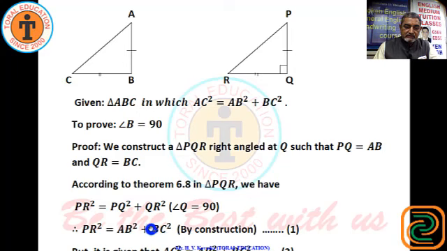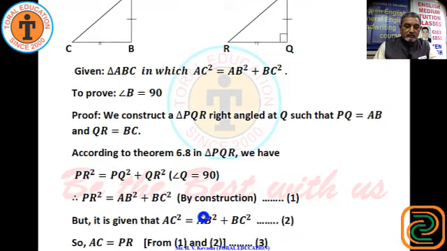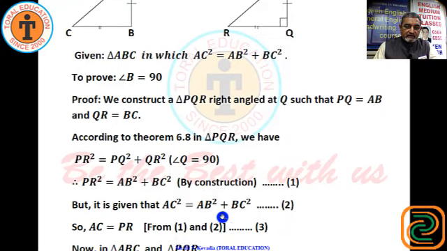Understood? Yes. But it is given that AB square plus BC square equals AC square. Here it is written AC square equals AB square plus BC square. So we can write AC square instead of AB square plus BC square. So we have written AC equals PR.